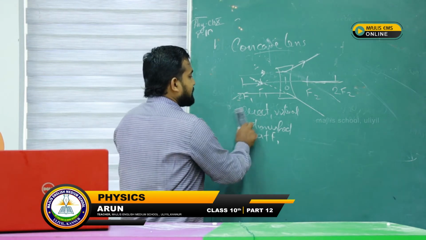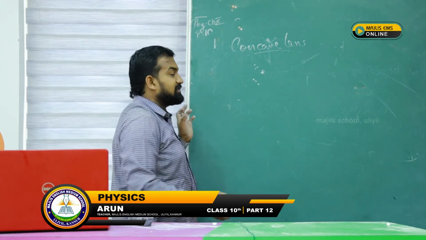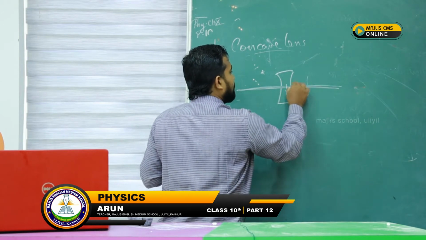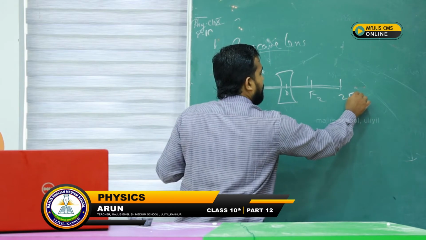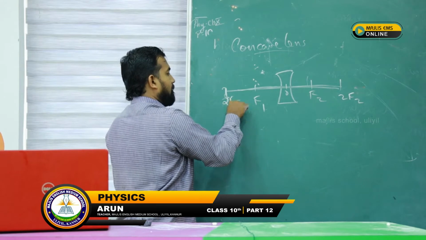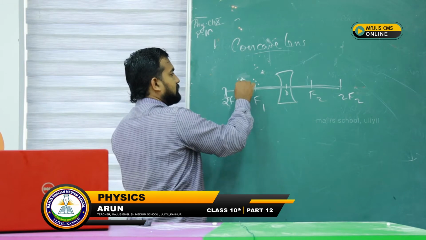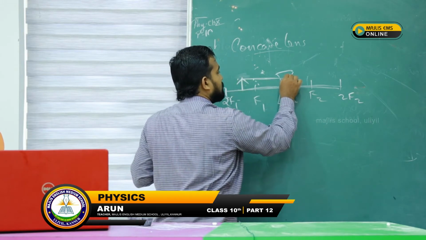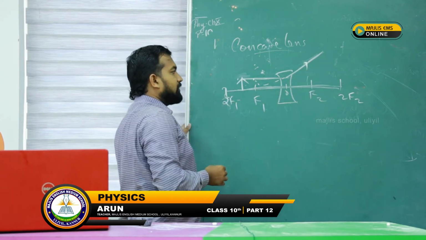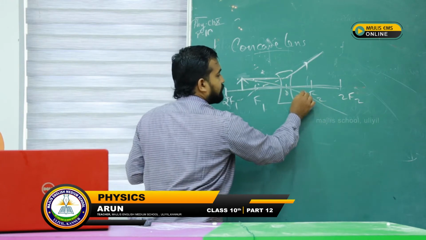And the next case, whichever position we keep the object near to the lens, one ray will be passing like this, and the other ray I take is the one passing through the optical center.